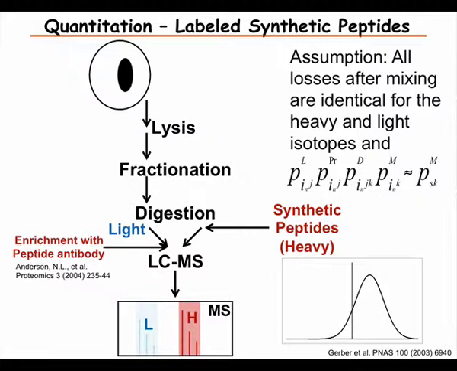So by adding an internal standard, we have a much better chance to get a smaller experimental variation. That's really the main thing. And that's why people have tried all these different ways to do that. But it really comes down to that we want to try to minimize the experimental variation.